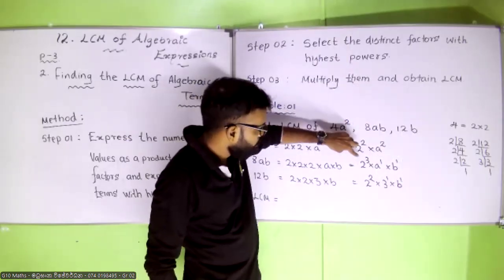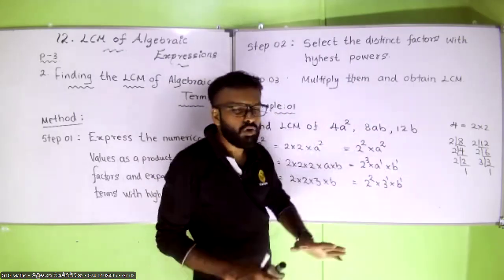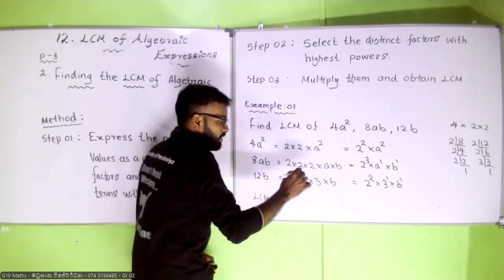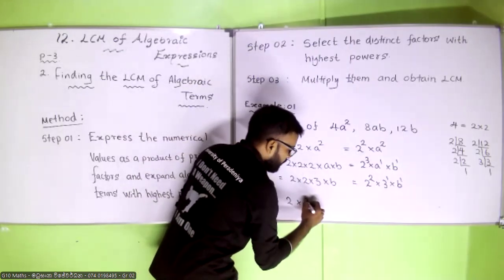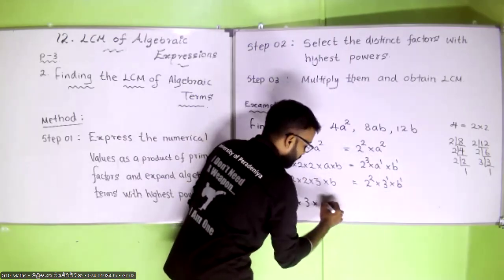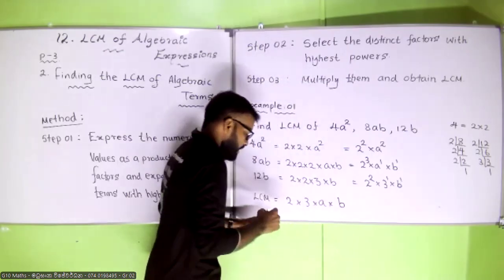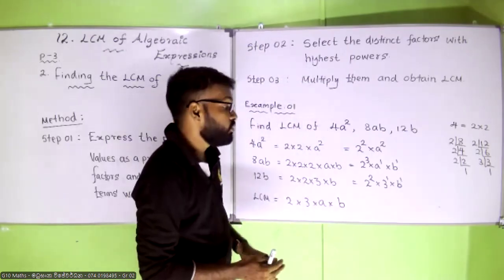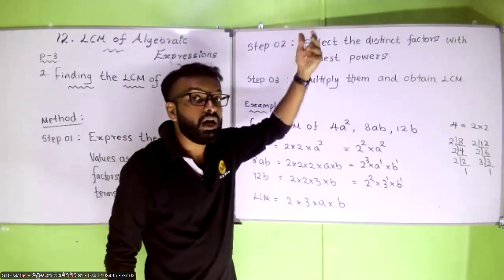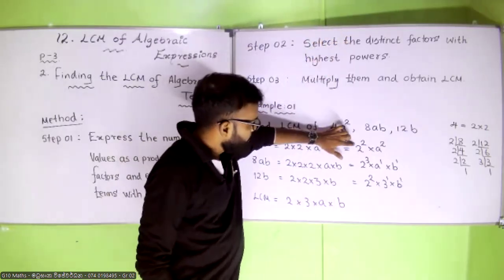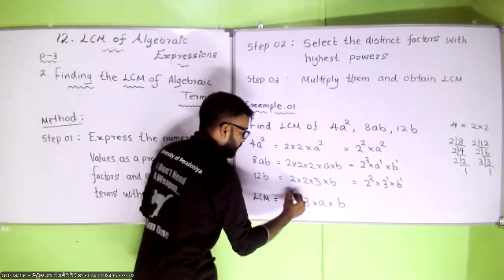So here you have 2, 2, 2. Here you have a, here you have 3, and here you have b. So the different factors are 2, 3, a and b. These are the 4 different factors you can find from here, and you are going to select the highest powers of them. When you consider 2, 2 to the power 3 is the highest.